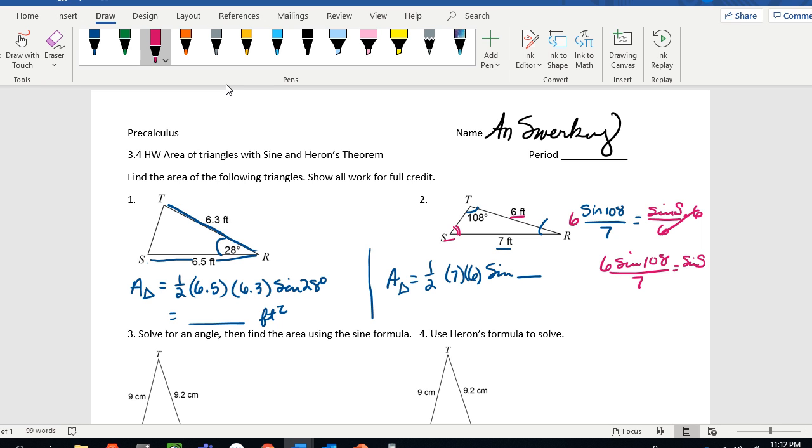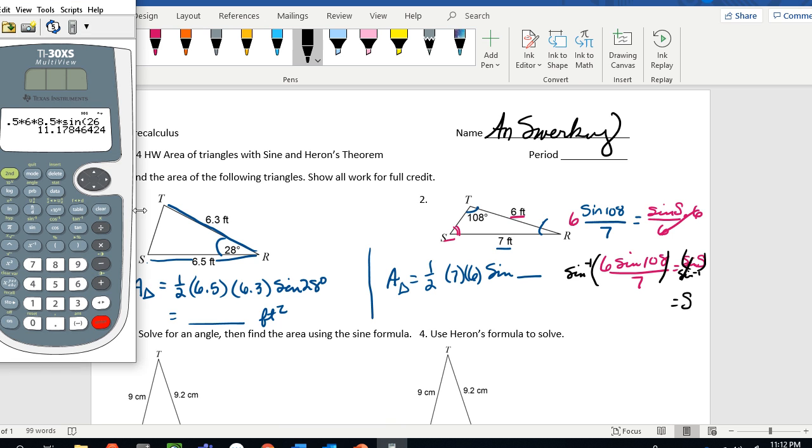All right, that means I'm going to be doing an inverse sine. Sine inverse of both sides of all of this, and it gets rid of my sine. So when I do sine inverse of all of this, this is equal to angle S. And I should have put the measure of angle S, but let's pull up a calculator.